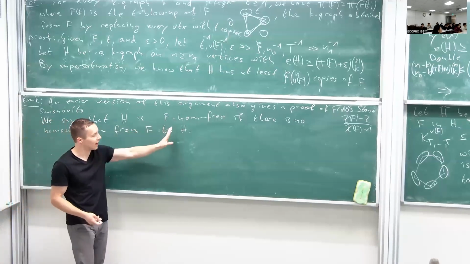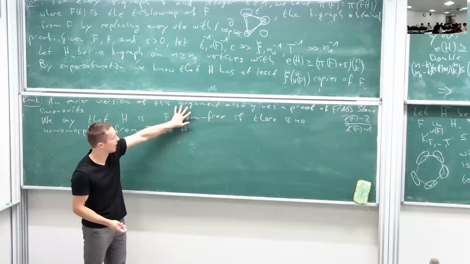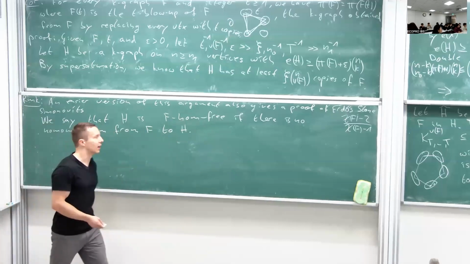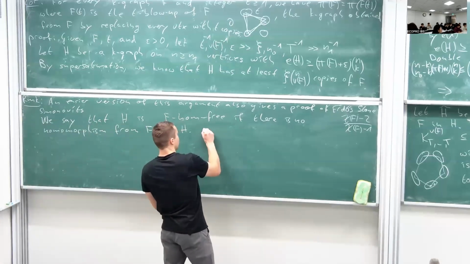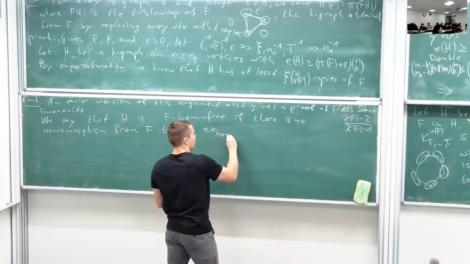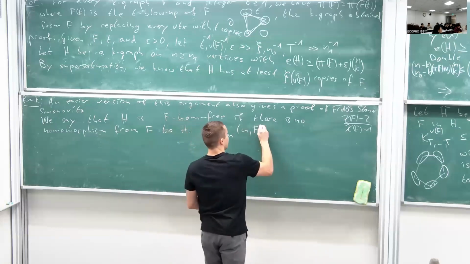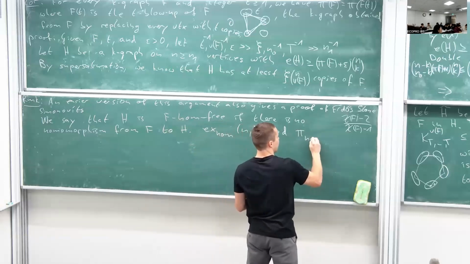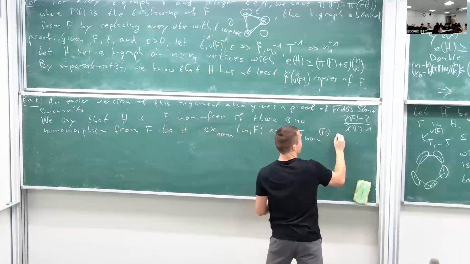So instead of the normal extremal number, where we were talking about F-free graphs, now we're talking about F-hom-free graphs. So the extremal number with this lower index hom and the Turán density with lower index hom can be defined.